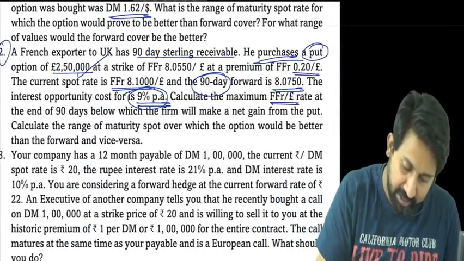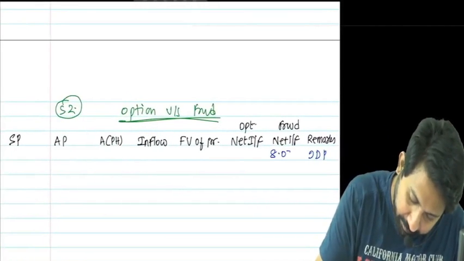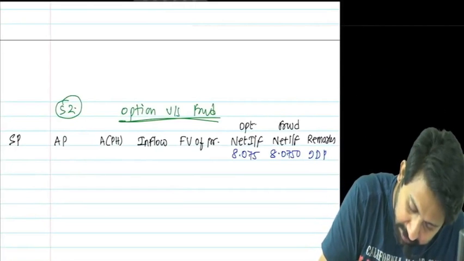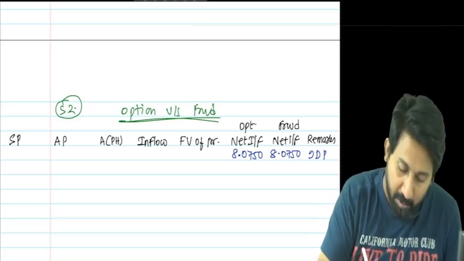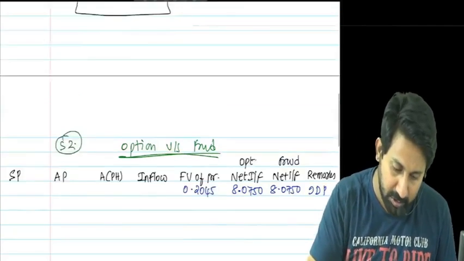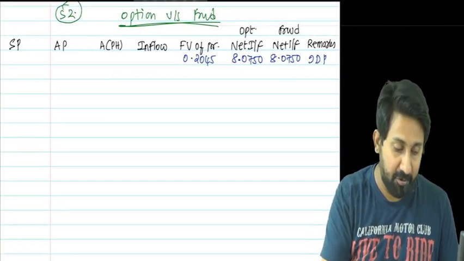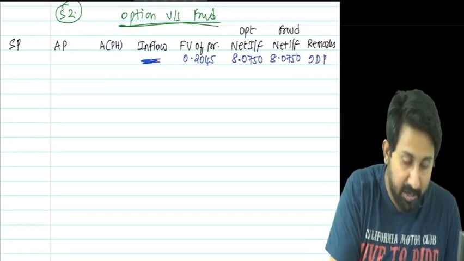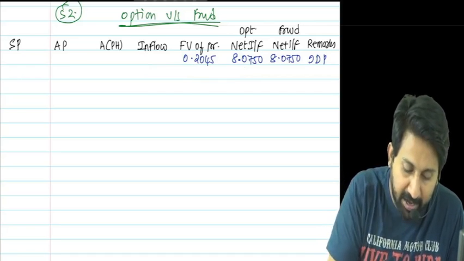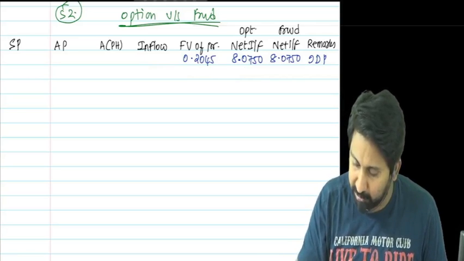What is the forward rate? The forward rate is 8.0750. If the net inflow in the option is also 8.0750, indifference will come. What is the future value of premium? 0.2045. This has to be deducted from the inflow to give the net inflow, so the net inflow should be added by this amount: 8.0750 plus 0.2045.